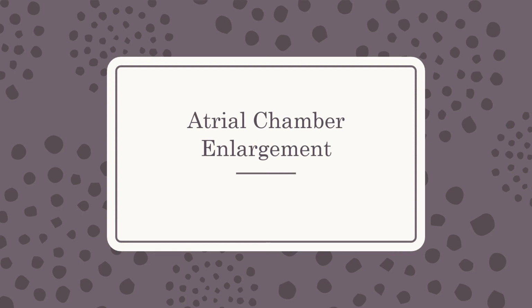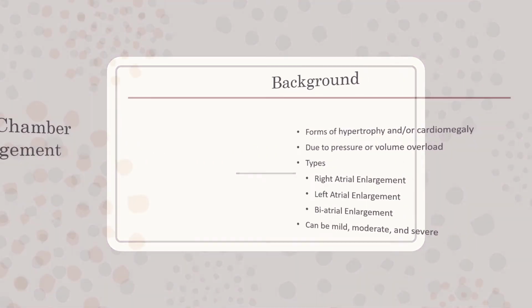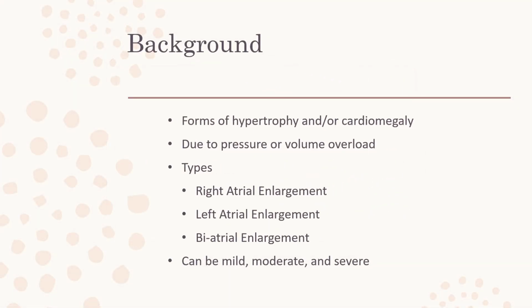So, atrial enlargement, we can have, of course, right and left. These are often due to pressure and volume overload, and they can be mild, moderate, or severe. It just depends upon how they're handling it. And you can have both atria enlarged.